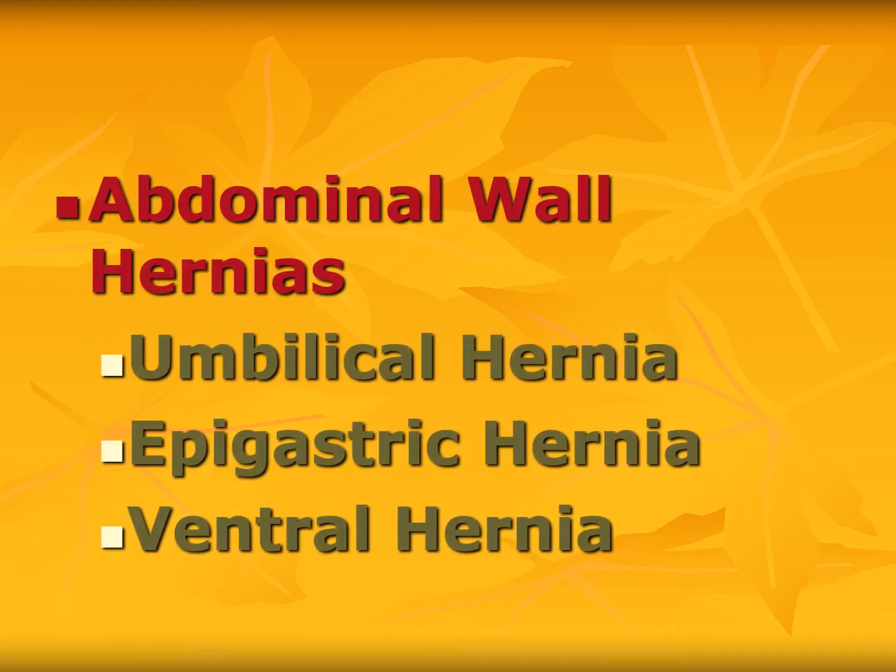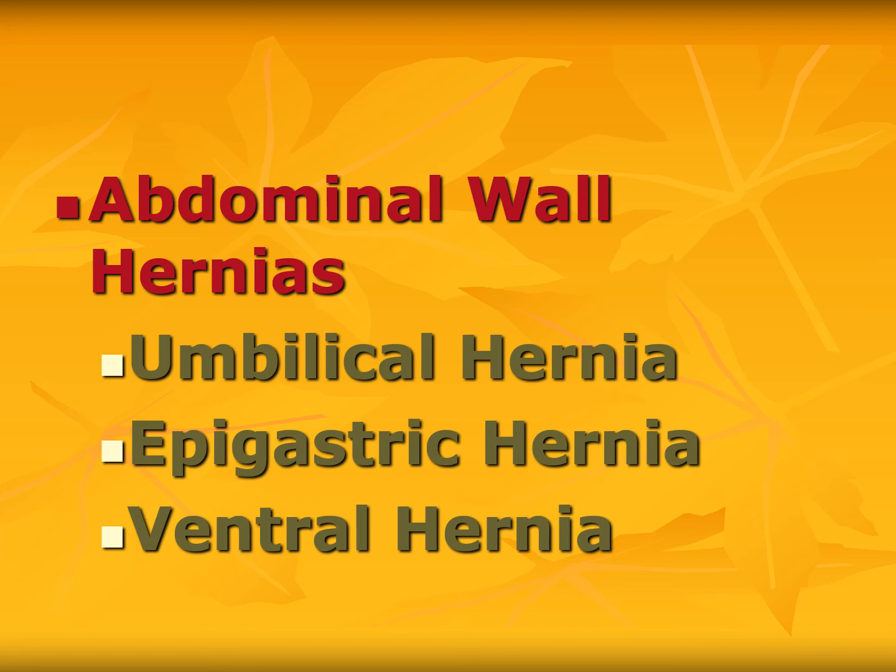The majority of these hernias are congenital, although obesity, ascites, and pregnancy are acquired etiologies for umbilical hernias. Epigastric hernias typically develop through the linea alba. If you'll recall, the linea alba is a fibrous band that runs vertically along the center of the anterior abdominal wall, and it receives all the attachments of the oblique and transverse abdominal muscles.